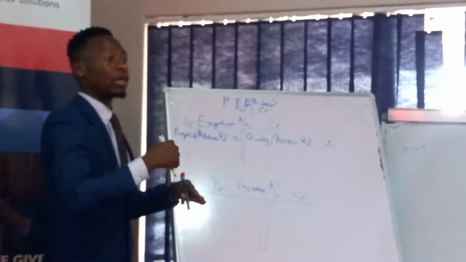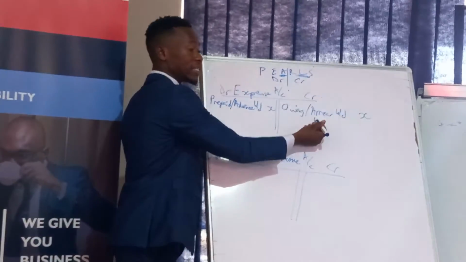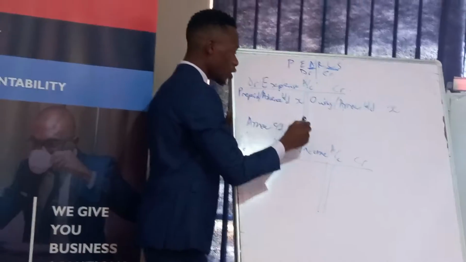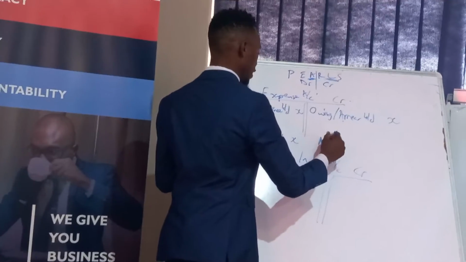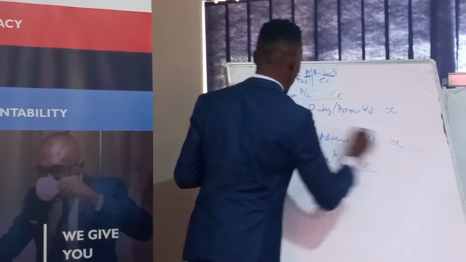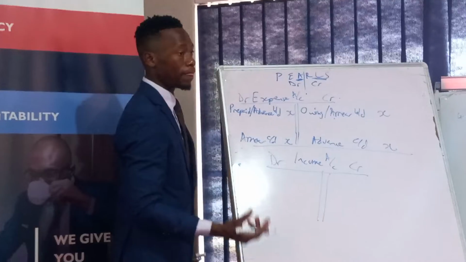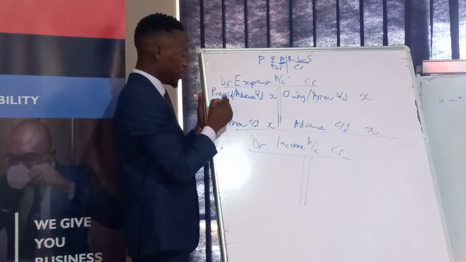Now when you want their closing balances, obviously it will be the opposite. Opposite side of this, it will be arrears CD here. Opposite of this, it will be what? It will be advance CD here. Right? This is the account, right? What about the bank and the profit or loss? Bank always follows prepaid BD.